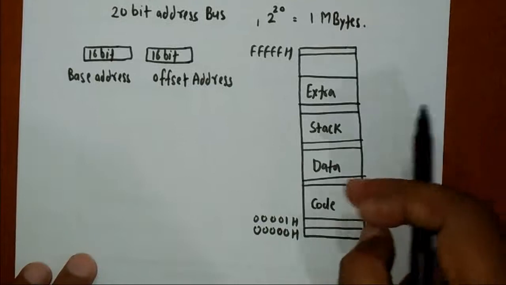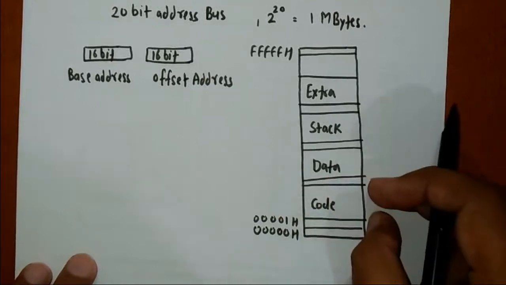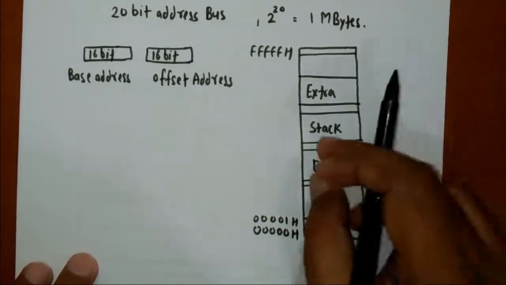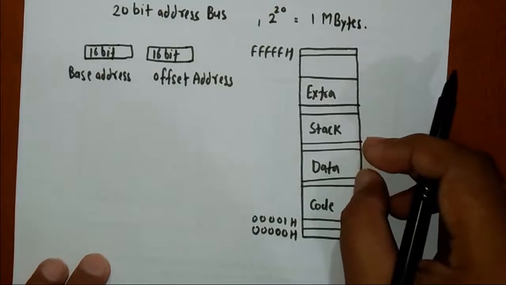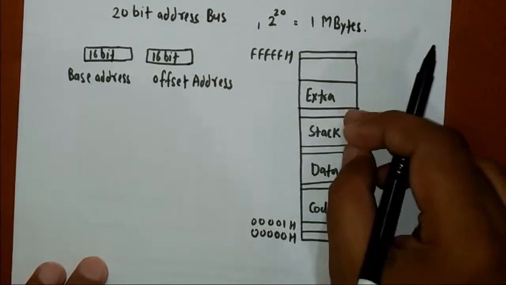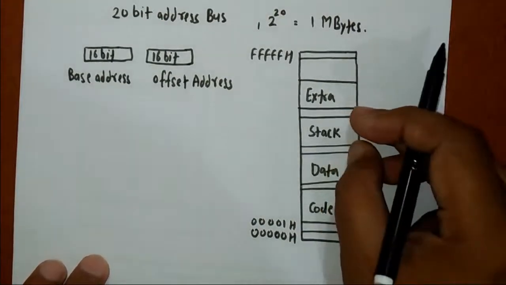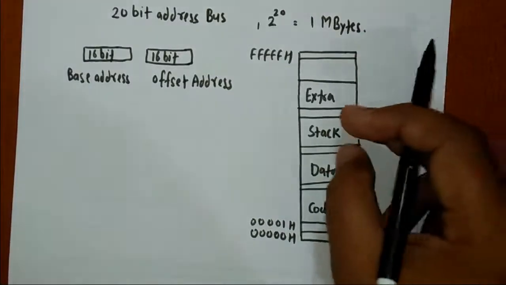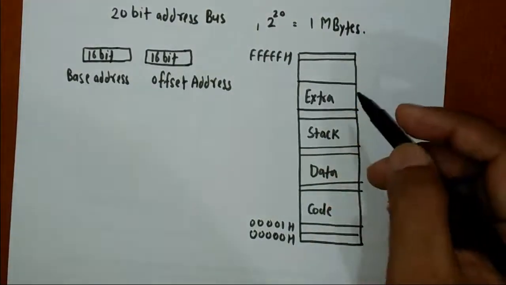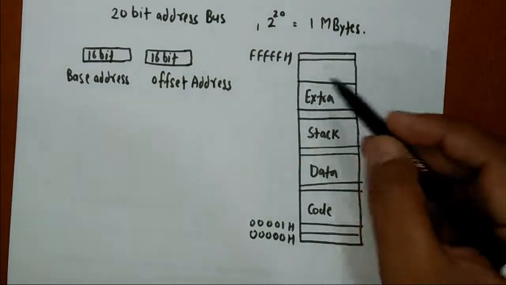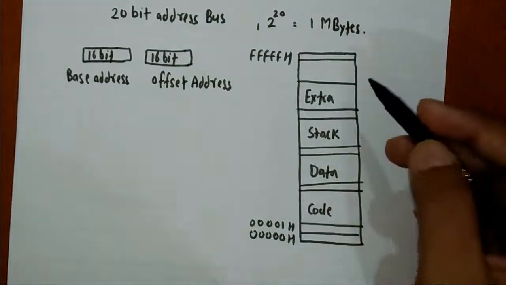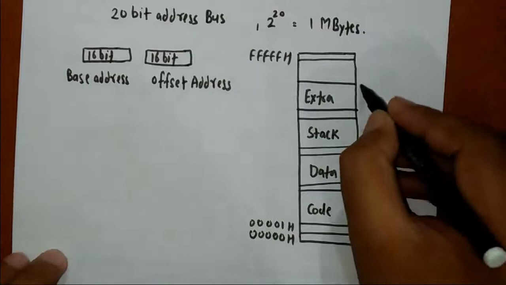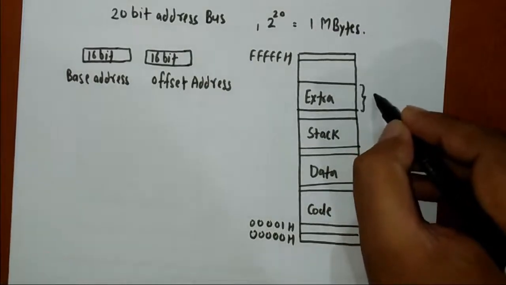Code segment is the portion of memory that is used to store the programs. Data segment is the portion of memory that is used to store the data. Stack, you must know that for particular operations a stack is needed, so in order to store data in the stack, this section will be used, and for string related data, the extra segment is used. Any of the segments can have a maximum of 64 kilobytes of memory.